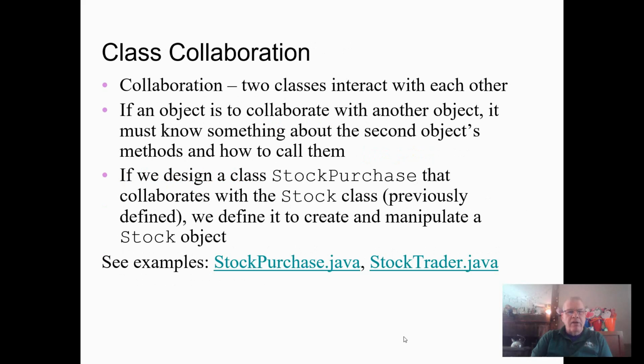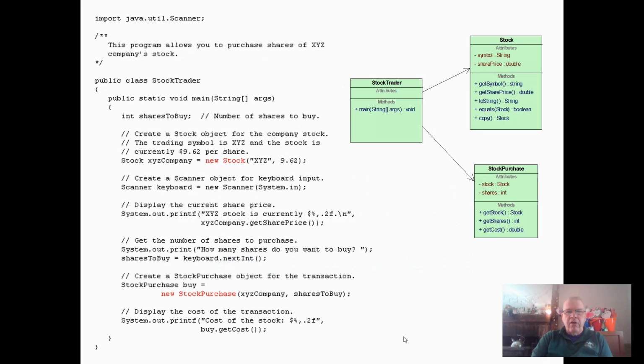Okay, class collaboration. If two classes interact with each other, this is very similar to aggregation, but it's not quite the same. So two classes collaborate with each other. It's called class collaboration. So if we design a StockPurchase class that collaborates with the Stock class and StockTrader, it can be called collaboration.